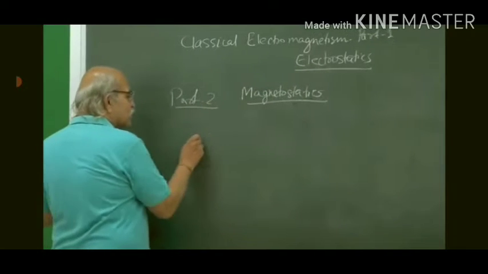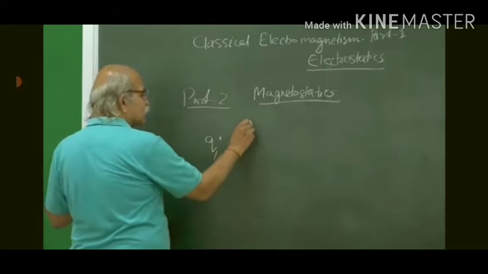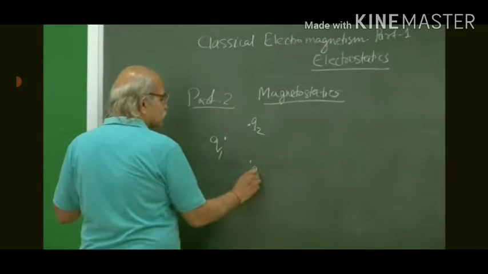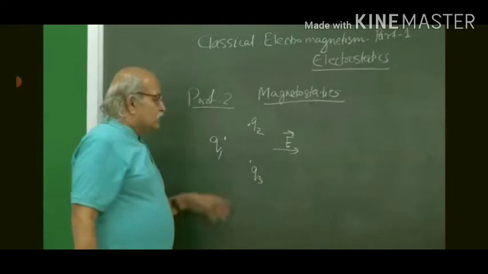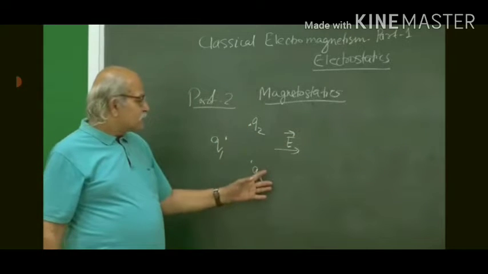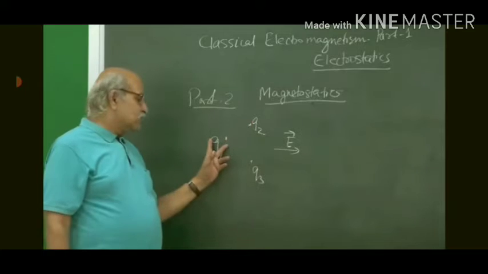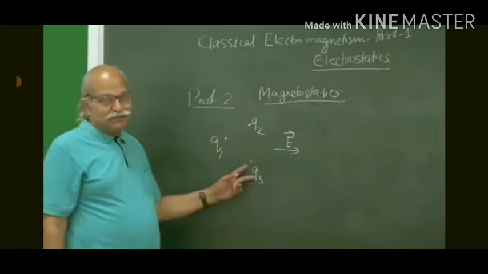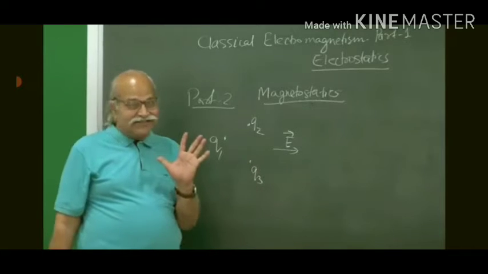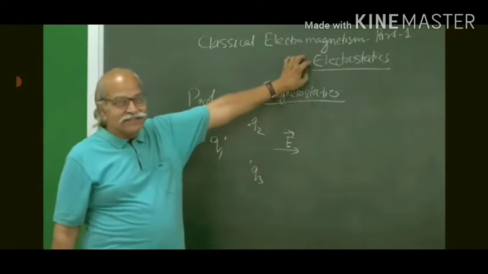So, in electrostatics you have some Q1 placed here, some Q2 placed here, and so on, and then they produce some electric field. So, this is how electrostatics is described, and these things should not change. There should not be any time dependence on the charge distribution in principle. That is the definition of electrostatics.